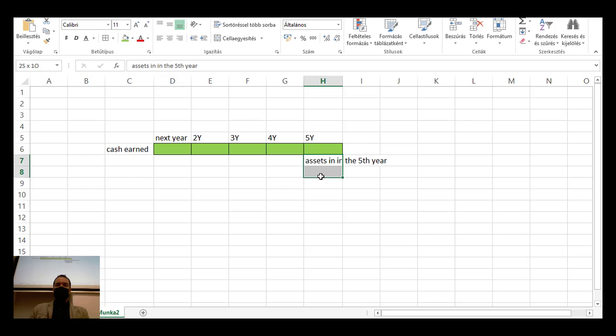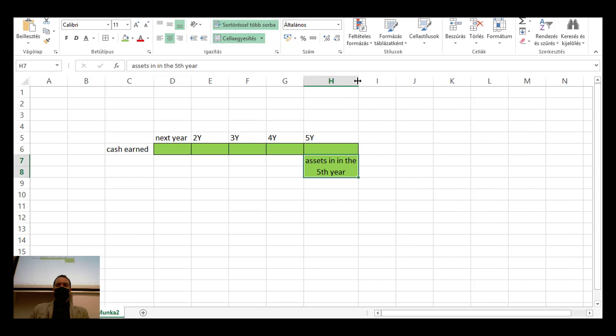So if we would close the company down at the end of the 5th year, then what would be the value of their shares? And then altogether, we are calculating the present value of all these cash flows. So CF here, CF there.